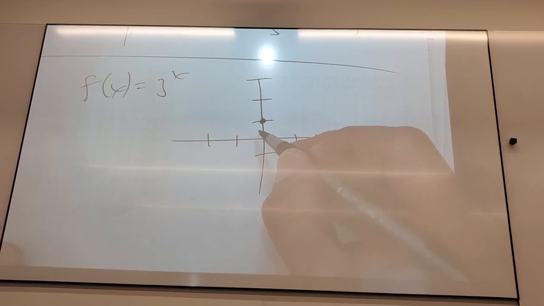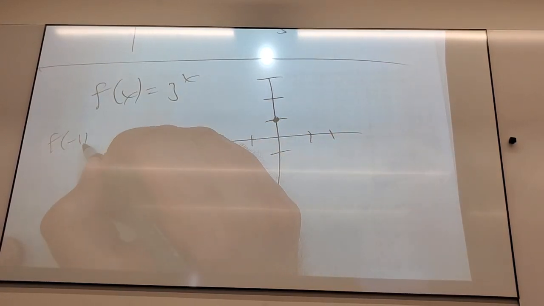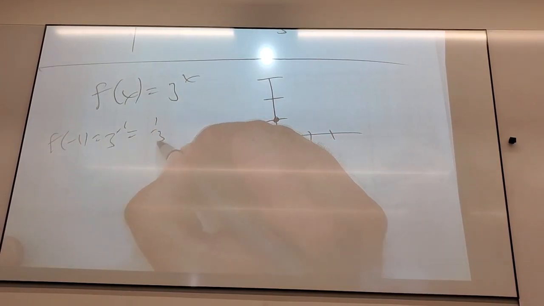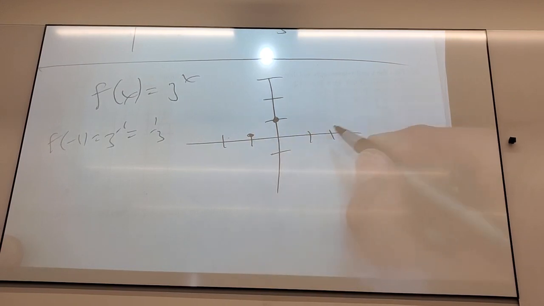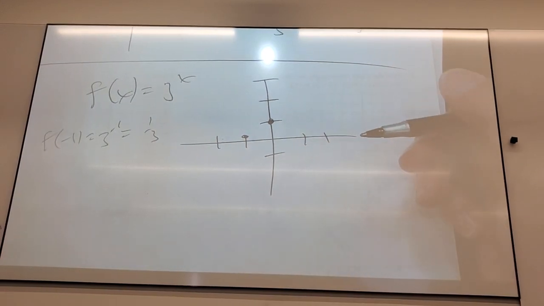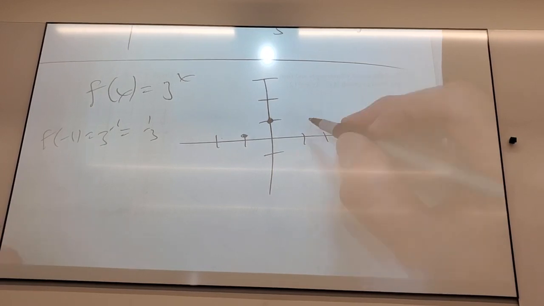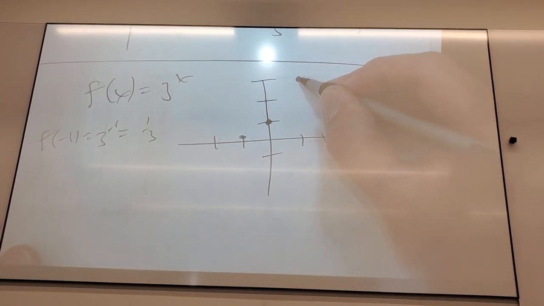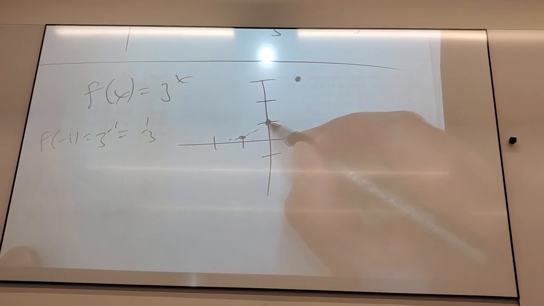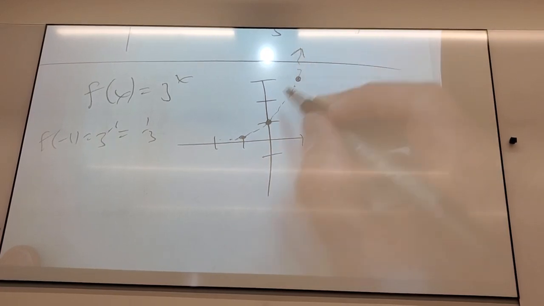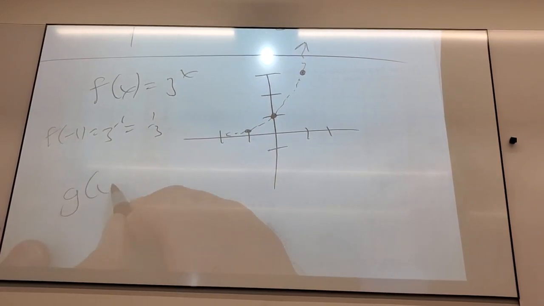Not negative 3. It's 1/3. What's f of negative 1? 3 to the negative 1 is 1/3. And when I plug a 1 in, of course, I get 3. 3 to the first power is 3. Is that cool? There you go. So this would be like a base function, and then I could do something like this.